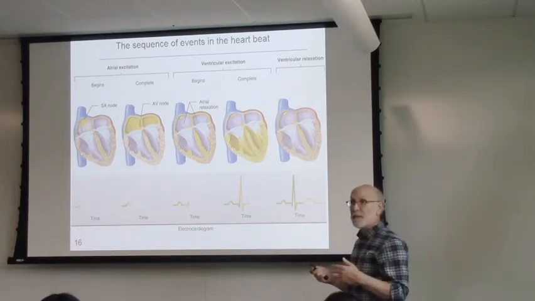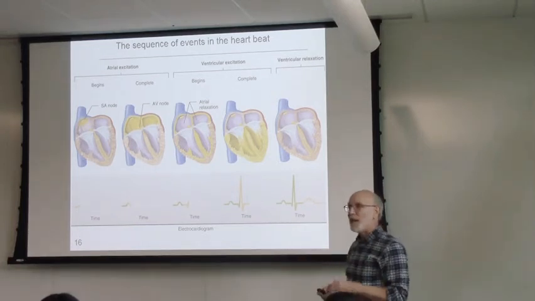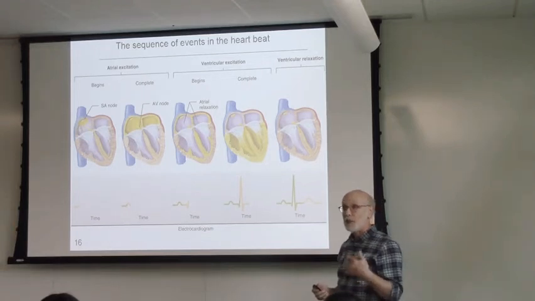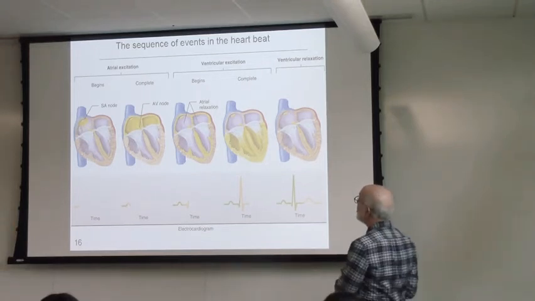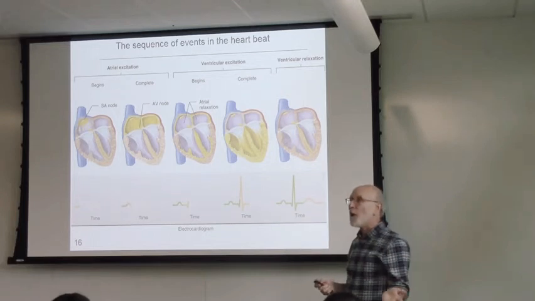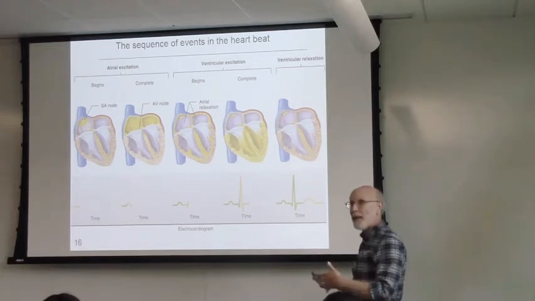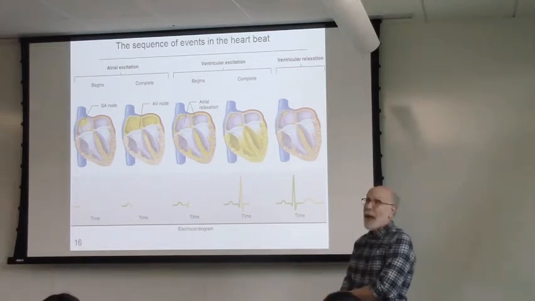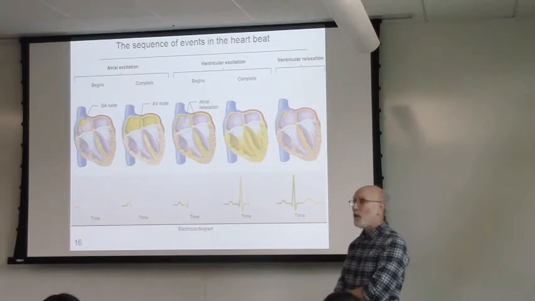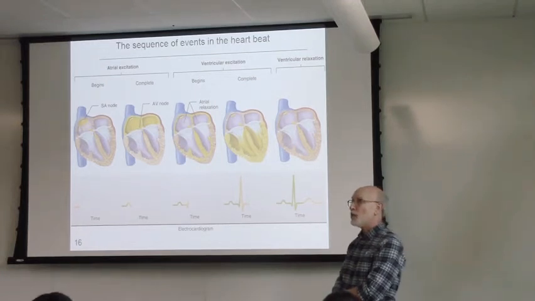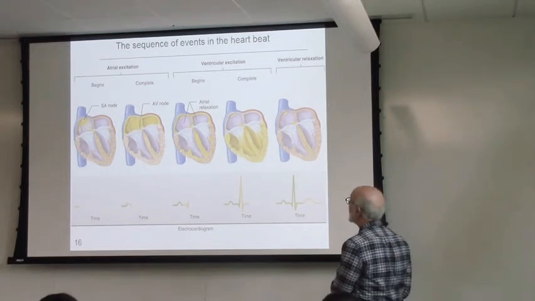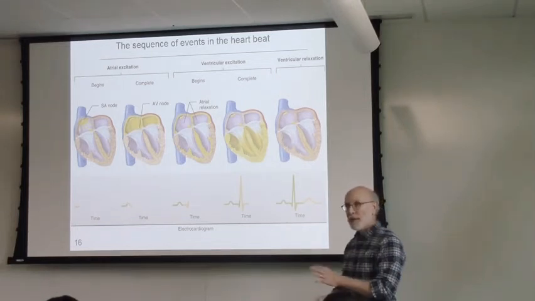This is a disease. This is a physiology class. We're not going to talk about pathophysiology too much, but there is a syndrome called Wolff-Parkinson-White syndrome where action potentials can spread from here to here, and then the heart beats abnormally. It's an abnormal heartbeat. And usually that's treated with a surgical approach to try to break the electrical connection.